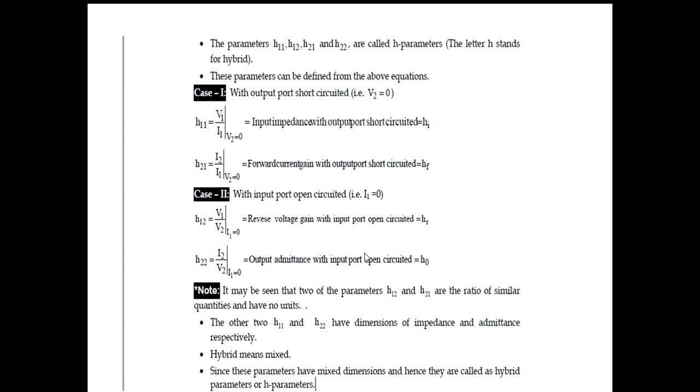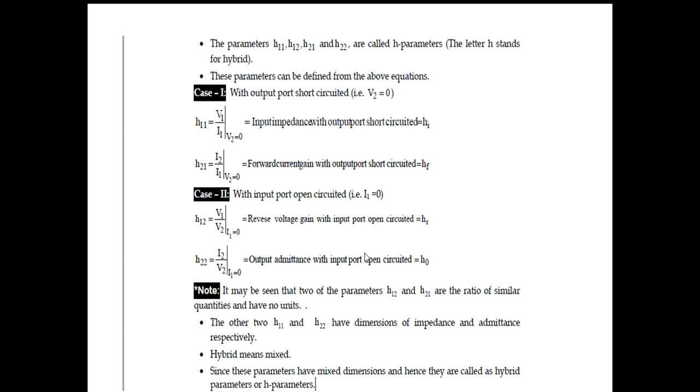Here note that two of the parameters, H12 and H21, are the ratio of similar quantities and have no units. H21 is the ratio of currents, and H12 is the ratio of voltages.